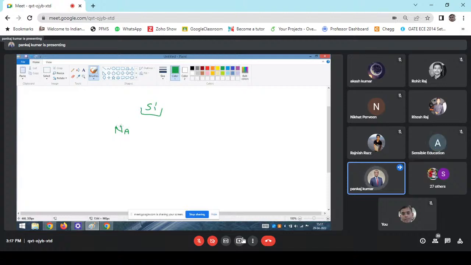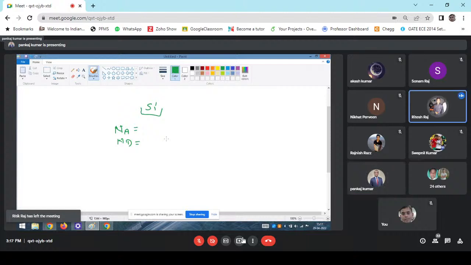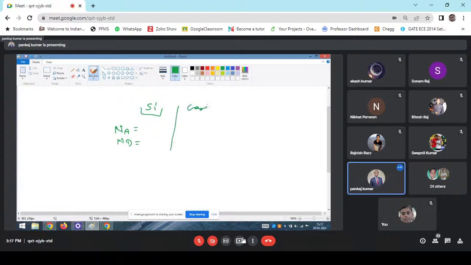Suppose Na is the doping concentration of trivalent impurity and Nd is the doping concentration of pentavalent impurity, and we are doping silicon with both of them. In this case, there can be two cases. Case one, where Nd is greater than Na.